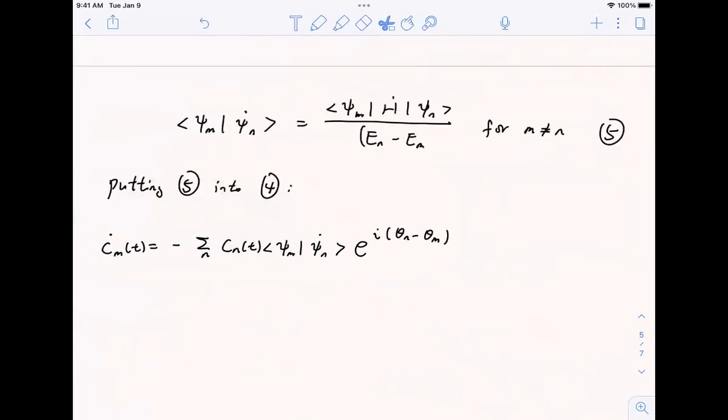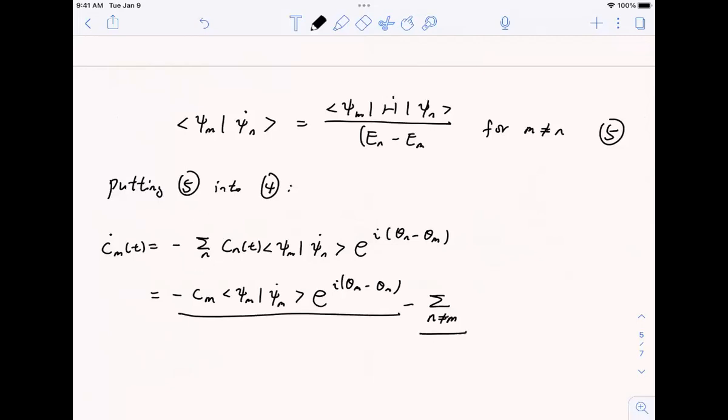So this one can be expressed as, you first take the term m, Cm, then once this equals m, and then minus, n not equal to m. We're going to separate this summation into the m term and the n not equal to m term.